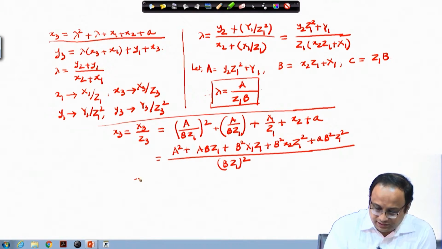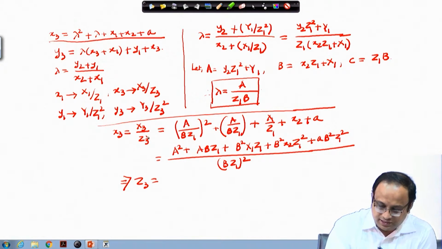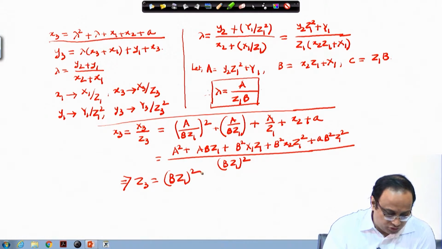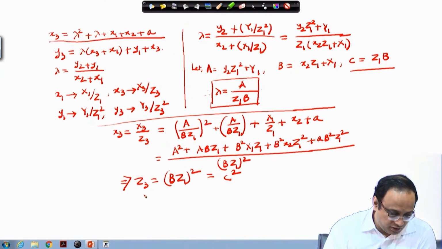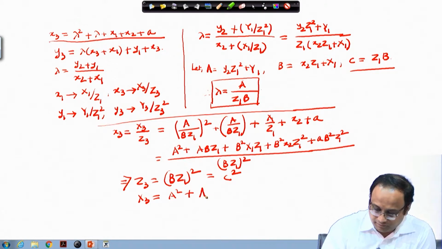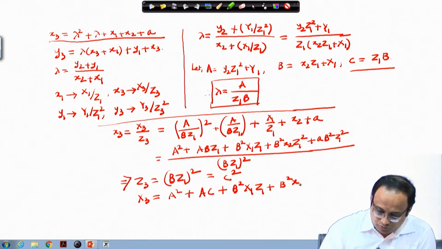Since x3 is equal to X3 by Z3, Z3 is equal to (B z1) whole square, and that is also C square, because C is z1 B. Capital X3 is equal to A square plus A B z1, which we can write as A C, because C is z1 B, plus B square X1 z1 plus B square small x2 z1 square plus A B square z1 square.